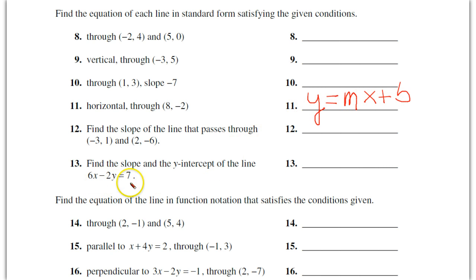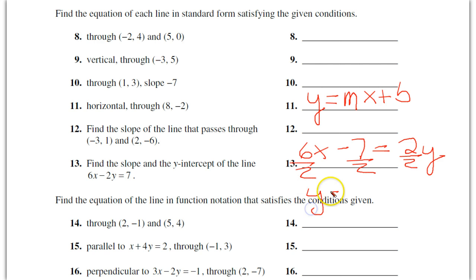So the first thing I would do is get my y formed. I'm going to move the y to this side as a positive 2y. Move the 7 over to this side as a negative 7, just using transposition. And now to get y by itself, I divide everything by 2. And then I'll write it the proper way here. So this will be y equals, simplify that, 3x minus 7 halves.